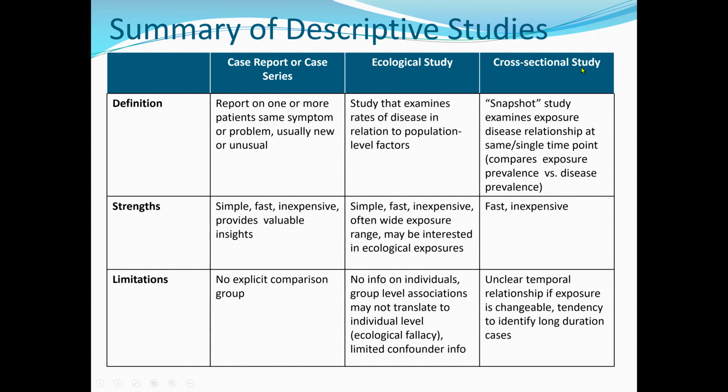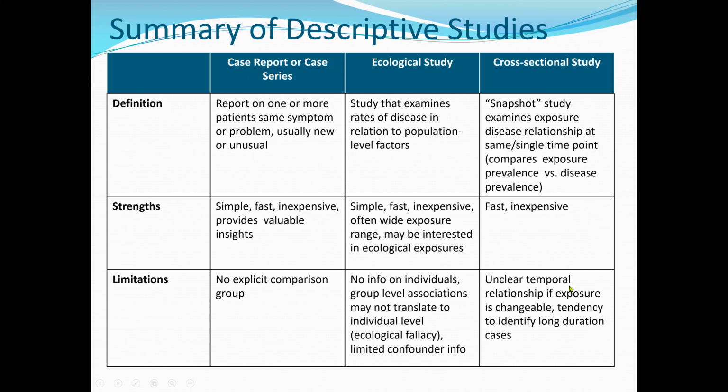Now, the cross-sectional study is a snapshot. The reason we use the term snapshot is that with a cross-sectional study, we take the data at a very particular point in time. We don't study the exposure and outcome within an interval or some period of time, no. We examine the exposure-disease relationship at the same single time point. It's very fast and inexpensive.